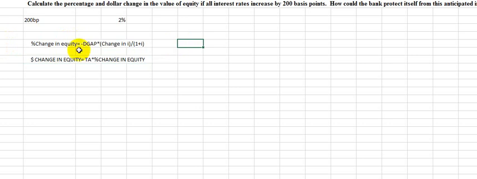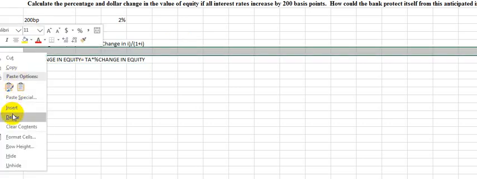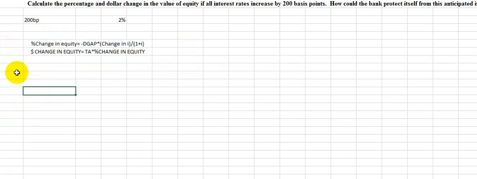Now let's start with the assets. I will label this as 1. The first asset will be the securities.